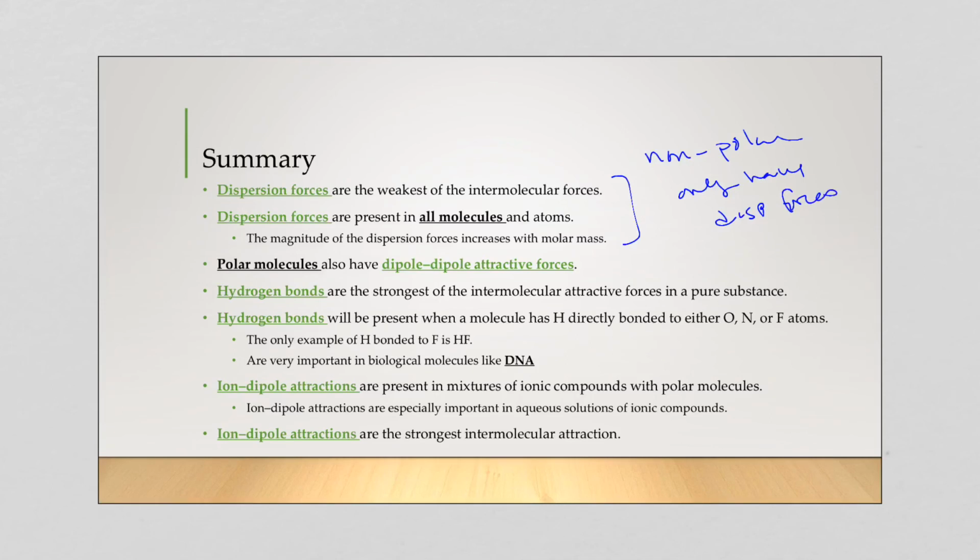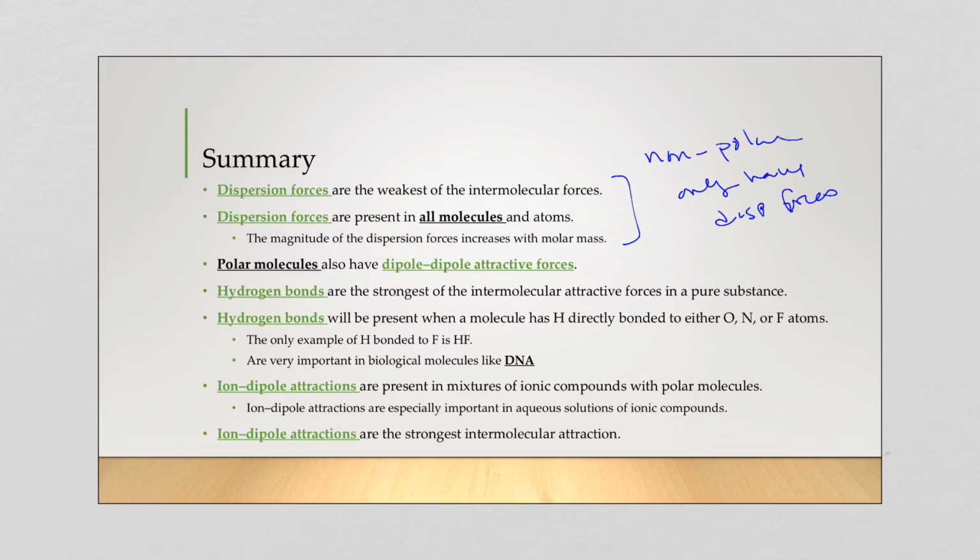Now, when we move to polar molecules, we now have the ability to have additional dipole-dipole attractive forces because of the permanent dipole. And so we see, when we compare molecules of similar size, polar molecules will have higher boiling points than nonpolar molecules. Now, certain other polar molecules, ones with OH, NH, and FH bonds, can develop hydrogen bonds, right?